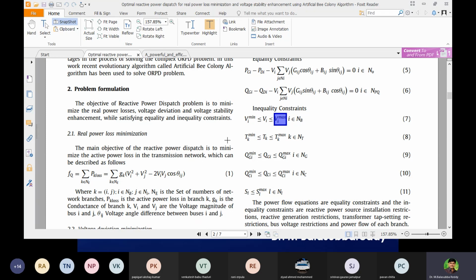It may be 0.95 or 0.99 or 1.01 or 1.02, something like that, but it should not be beyond our limit. What is our limit? Let's consider 0.9 and 1.1. A 10% variation means 0.9 to 1.1. In that aspect, it is always within a limit.